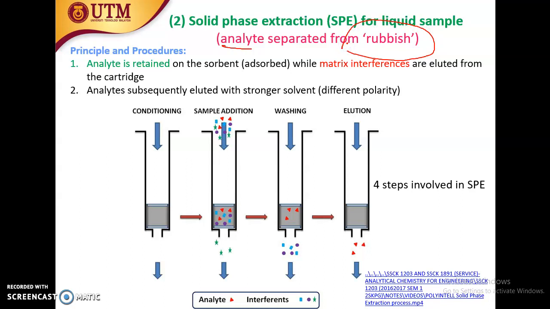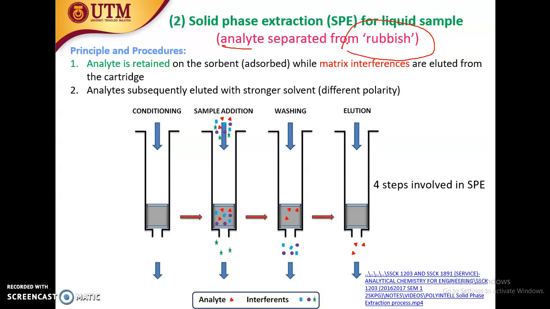Imagine a filtration system for your drinking water. It is the same. However, in a water filtration system, the one that is not wanted, i.e. the rubbish, is retained inside your sorbent cartridge, and the one that you want is the one that goes out from the water dispenser.